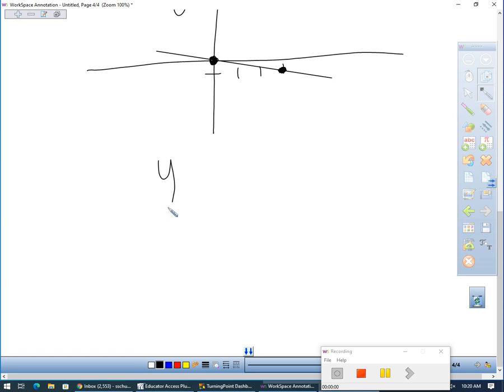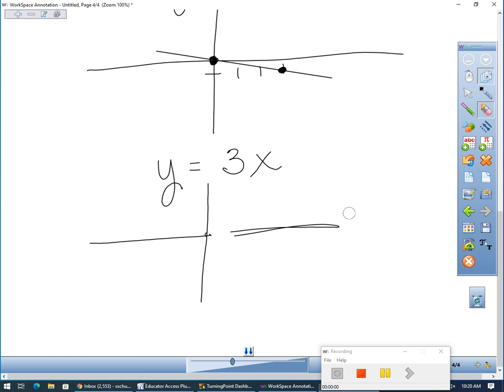Let's do y equals 3x. Okay, so first thing we do is we put a dot at the origin. Whoops, helps if I make that not quite so sloppy. All right, now, let's talk about this. Our K is 3.